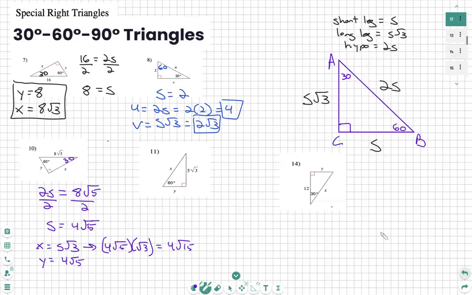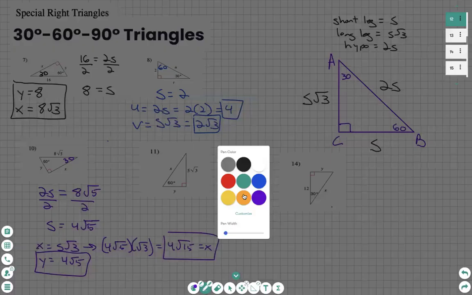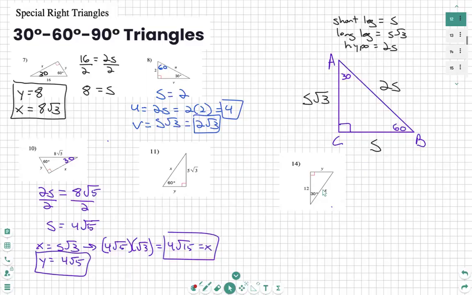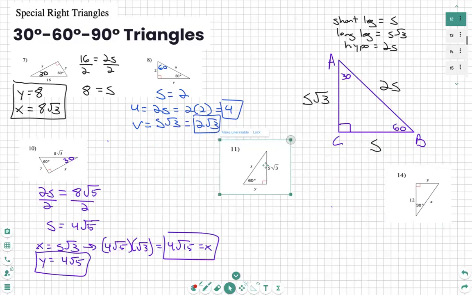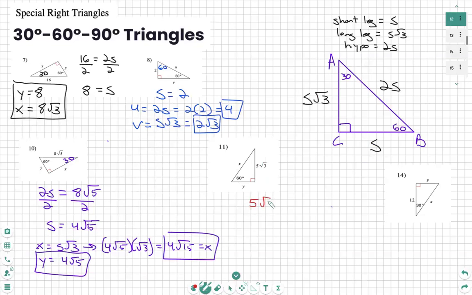Well, let's not box the whole x. Let's make this x again over here, just so it's a little more clear. All right, let's keep going because we have 2 more to do, and we will call it for this video. So again, first process, what are we told? We are told the 60, or the long leg, is equal to s root 3.